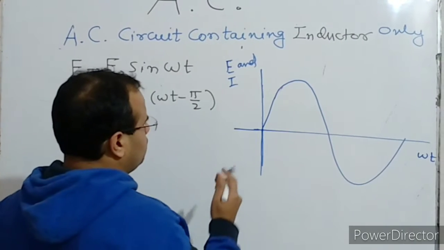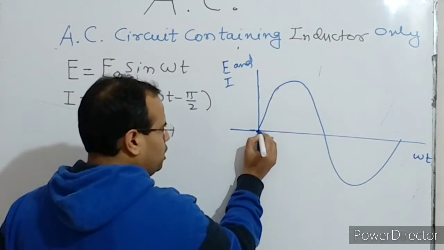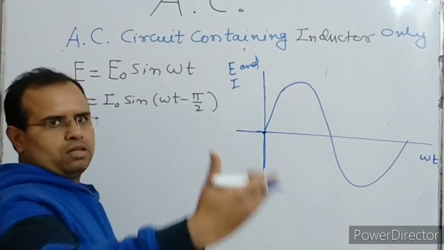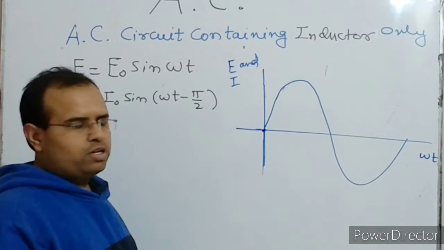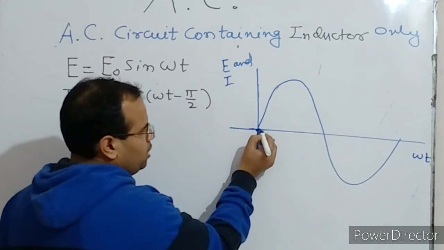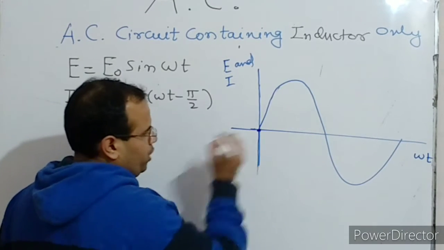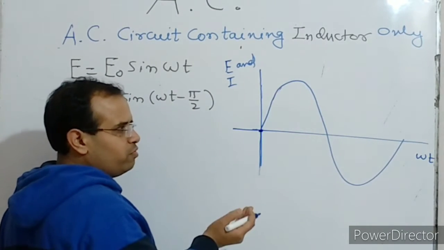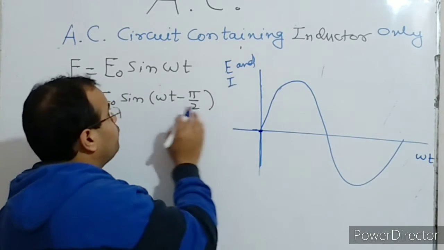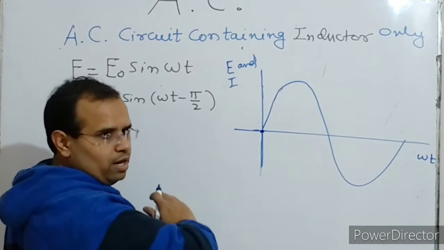It means that the current will gain these values which the EMF gets after a pi by 2 angle. Suppose at this particular angle we are talking about, then at this point the value of current would be the value which EMF got pi by 2 angle earlier.